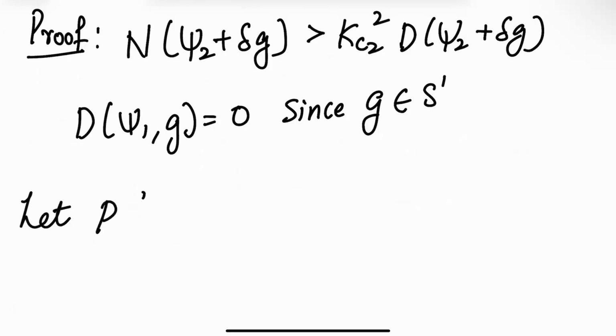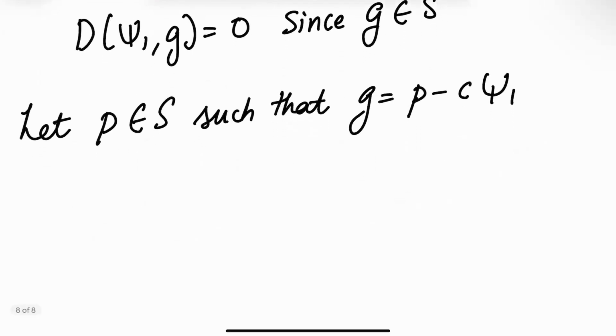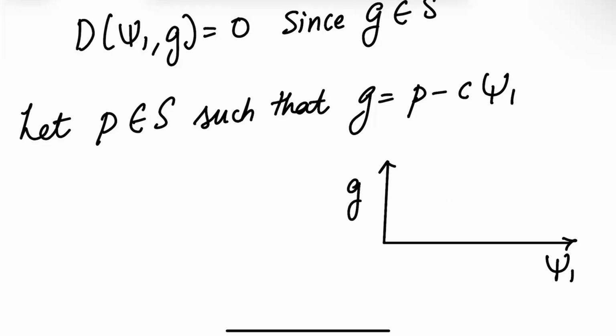So we let P belong to S such that G equals P minus C of psi 1. Okay, what does this mean? So I had my psi 1. Maybe this was my psi 1. This is just an abstract notion of the vector, the eigenfunction psi 1, which is a vector. And I know G is orthogonal to this. Maybe this is G, because G is in the orthogonal subspace to psi 1.